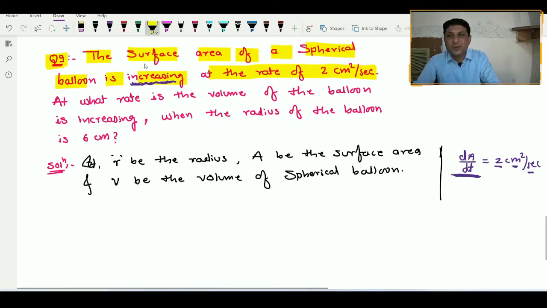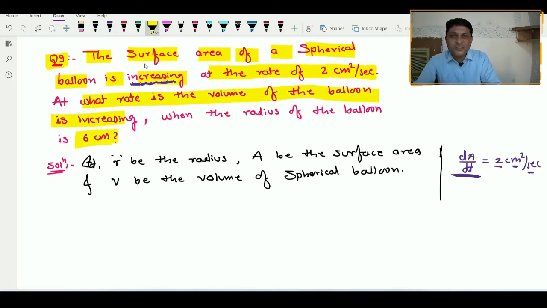Using this condition, what we have to find out? At what rate the volume of the balloon is increasing when the radius of the balloon is 6 centimeter. So here we denote the radius by r, A be the surface area and V be the volume of the spherical balloon. Now we use the given condition.